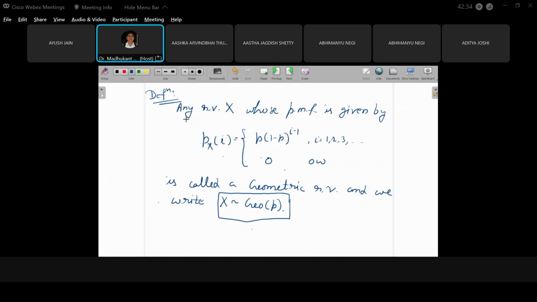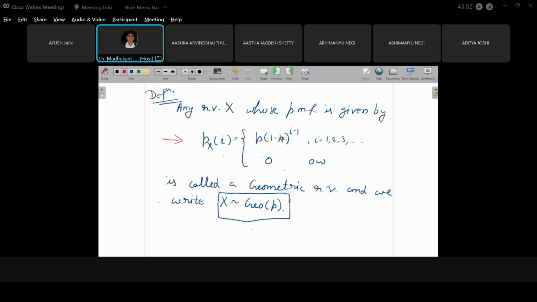Okay, so this is how the geometric random variable is generated, and the corresponding PMF can be seen like this. At the ith toss you get the success, and the rest, i minus 1 times, you are failing.